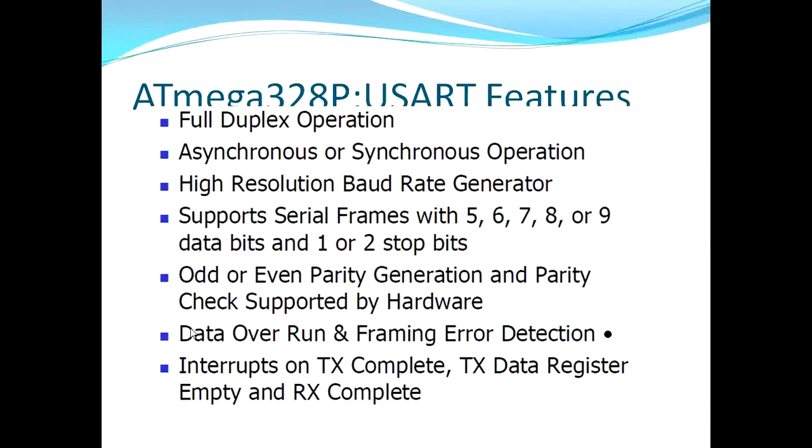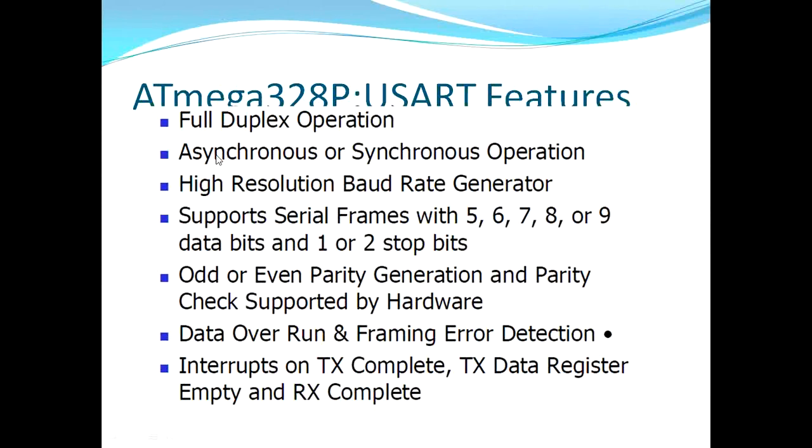As we know, in the Arduino, the ATmega328P is the processor available, and it has an inbuilt USART, a universal synchronous asynchronous receiver transmitter. It provides us full duplex transmission, so we can transmit and receive the data bits simultaneously.